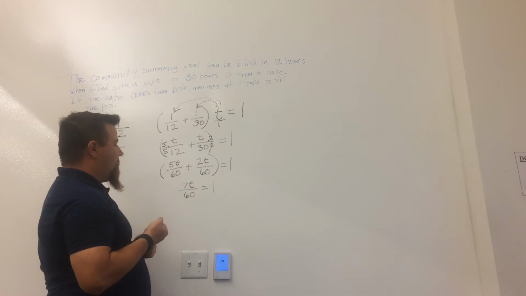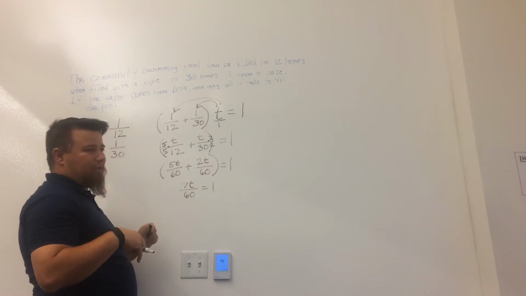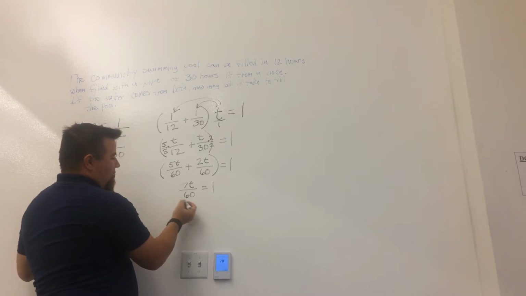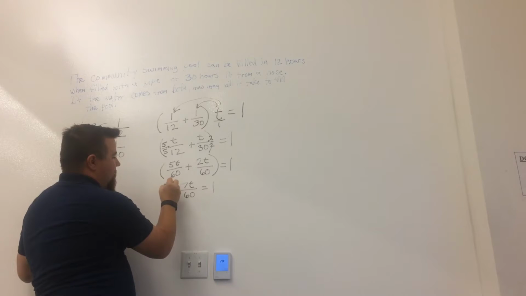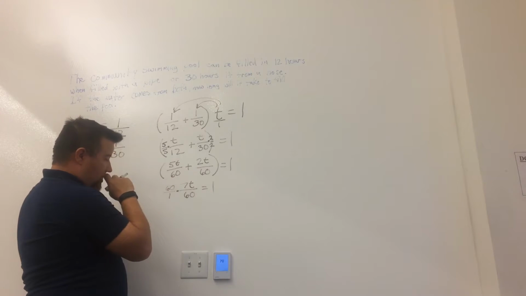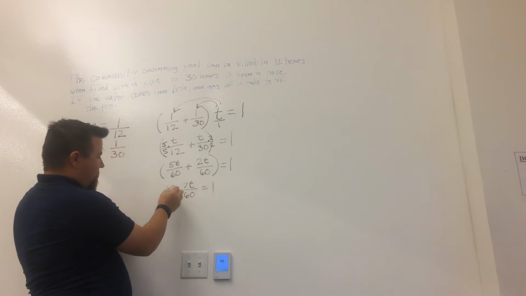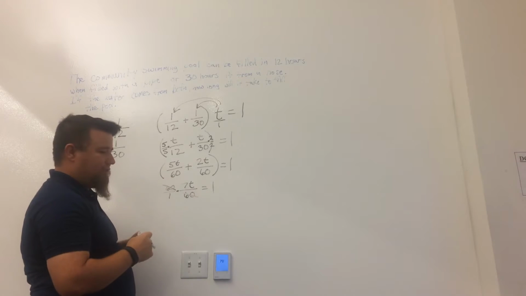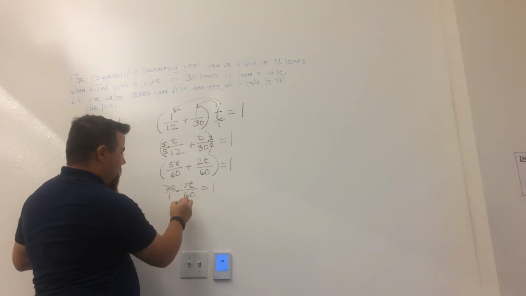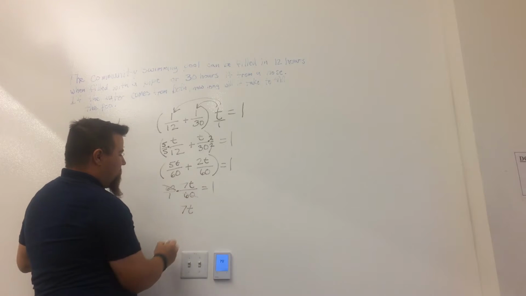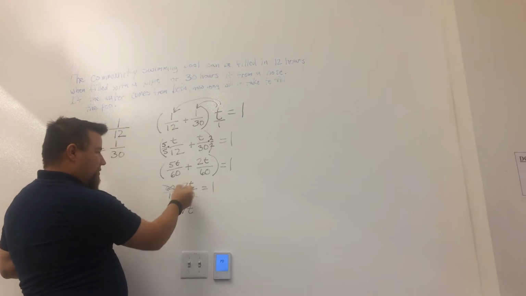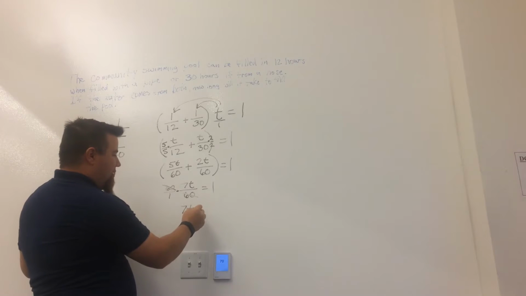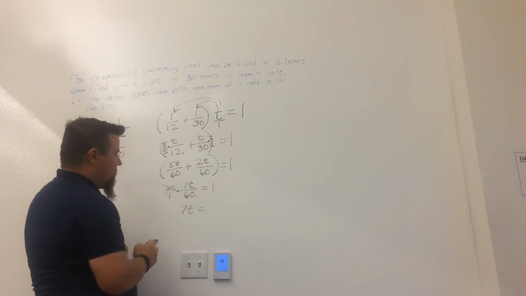To do that, we want to get rid of the denominator first, and we need to multiply by 60 over 1, and so the 60s will cross each other out, and we'd be left with 7t, because 7t over 1 is just 7t, right?